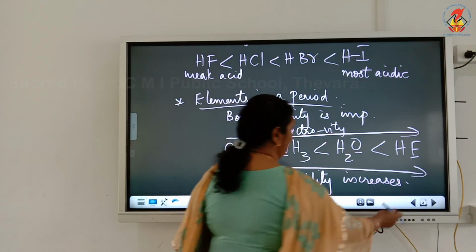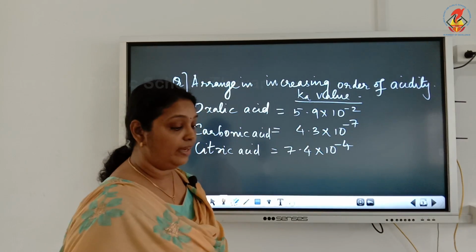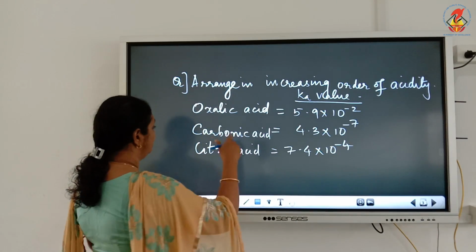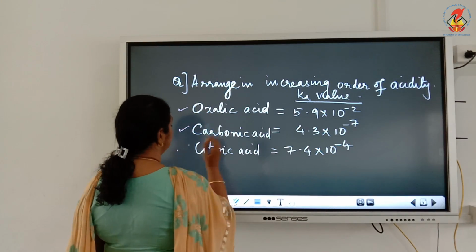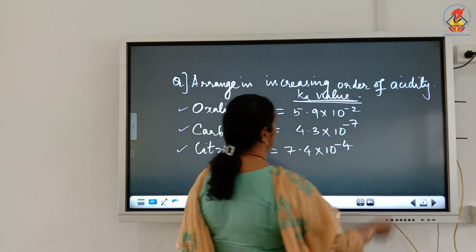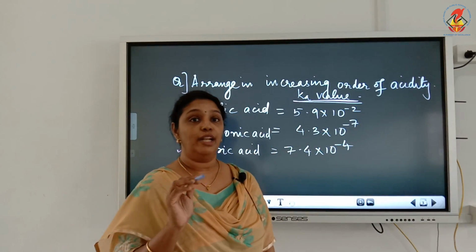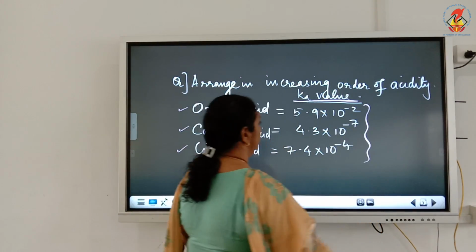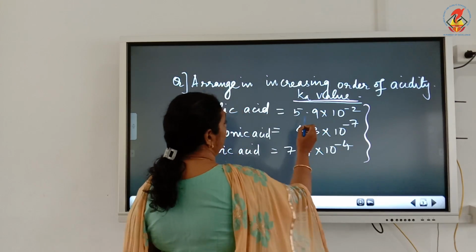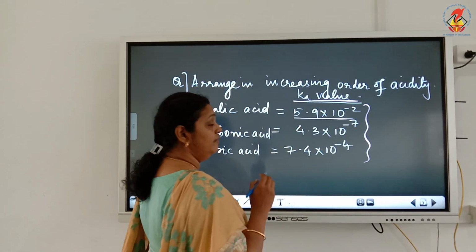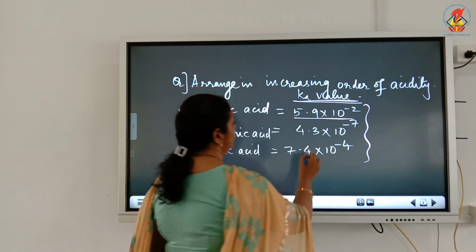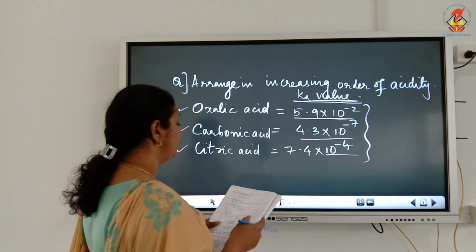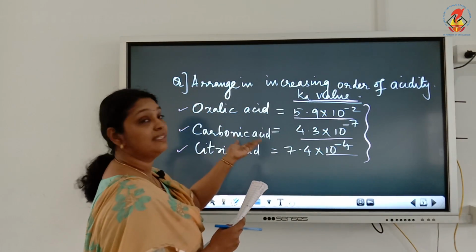Now we have a question: arrange in increasing order of acidity given the Ka value. Three acids are given, oxalic acid, carbonic acid and citric acid, with their Ka values. Higher the Ka value, stronger is the acid. Here one value is 5.9 × 10^-2, which means 0.05, then 10^-7, and 10^-4.